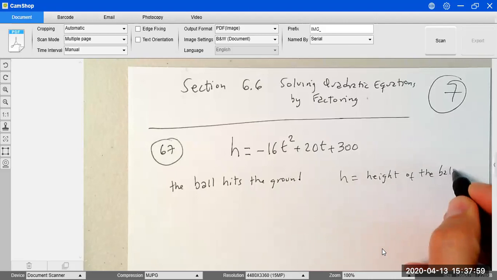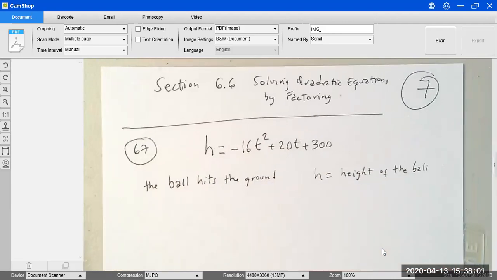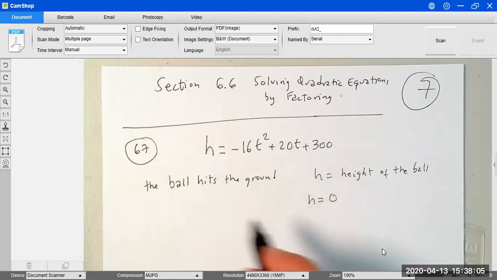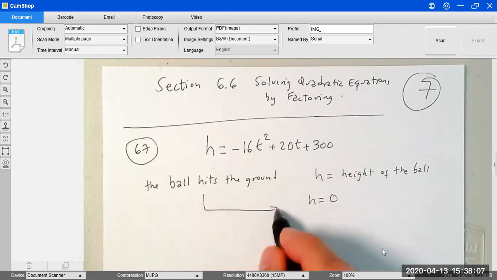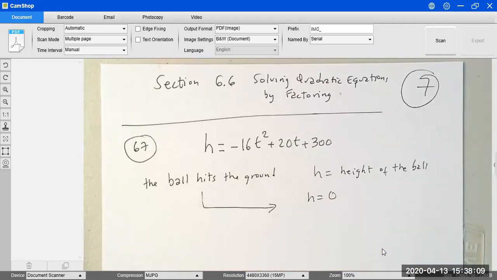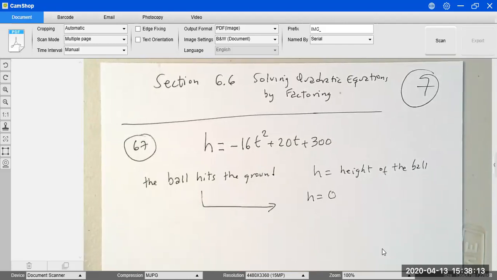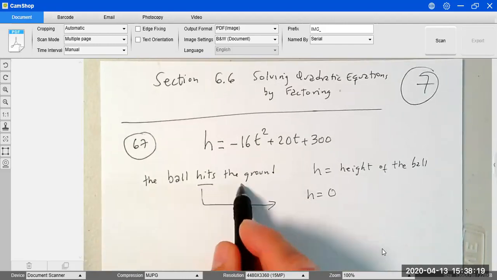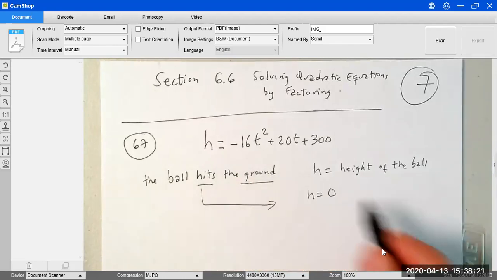So what is the height when the ball hits the ground? When the ball hits the ground, h is just 0. For problem 68, you're going to be given a different height. For problem 69, you're going to have another different height. For this one, when they say the ball hits the ground, the height is just 0.